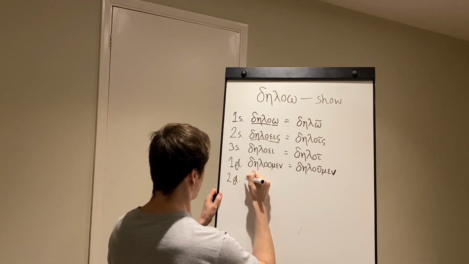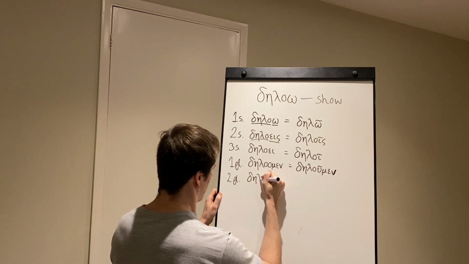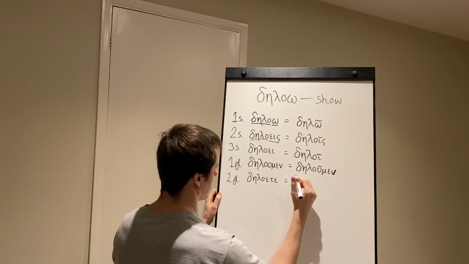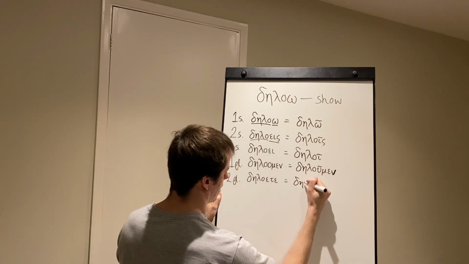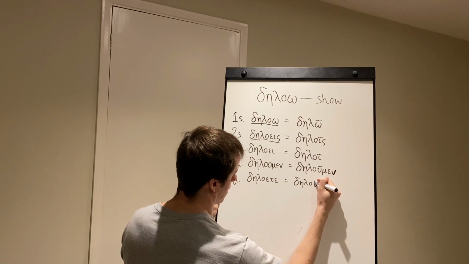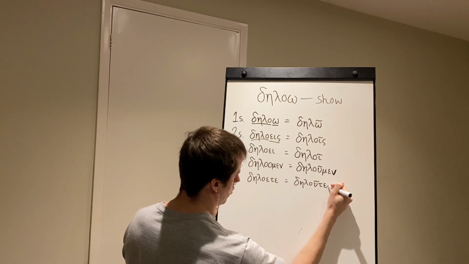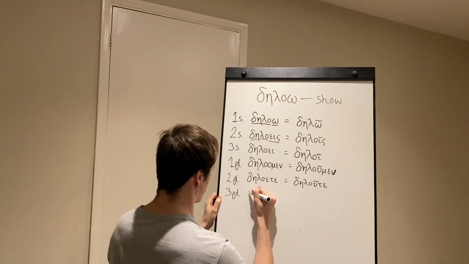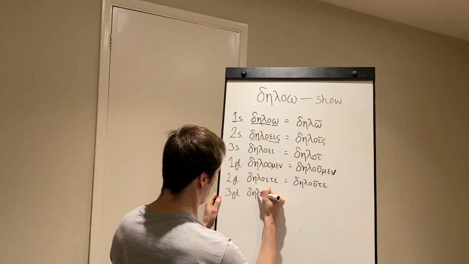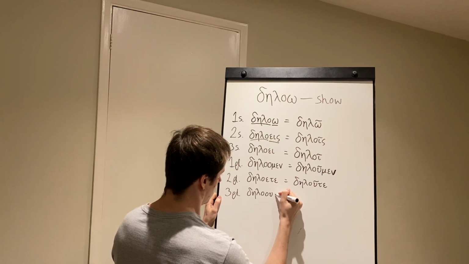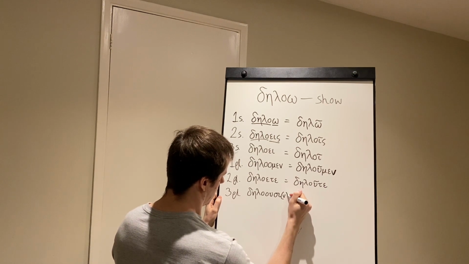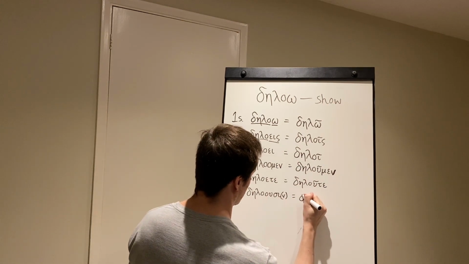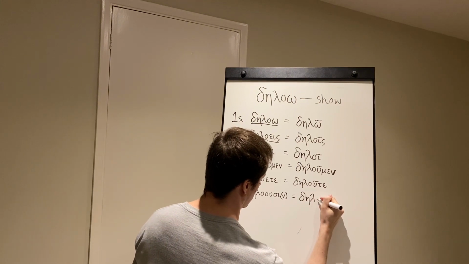In the second person plural, you have the stem dēlo plus the person ending ete, which makes dēloute, meaning you plural show or you plural are showing. Finally, in the third person plural, you have the stem dēlo plus the ending ousin, and omicron plus omicron upsilon gives you omicron upsilon, and therefore you get dēlousin.